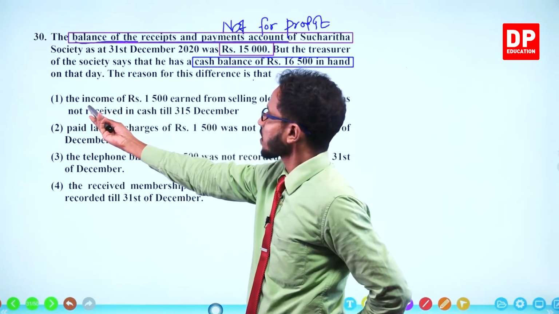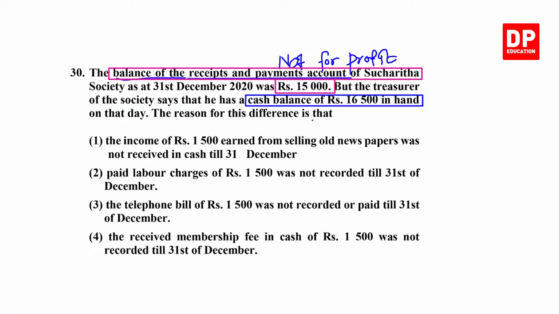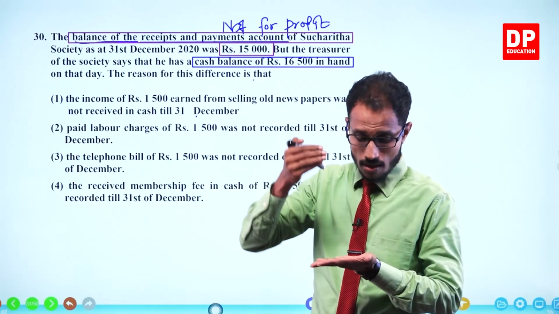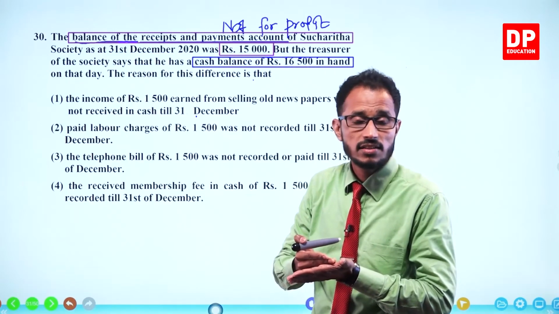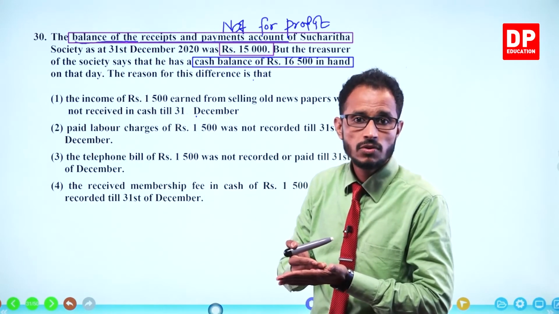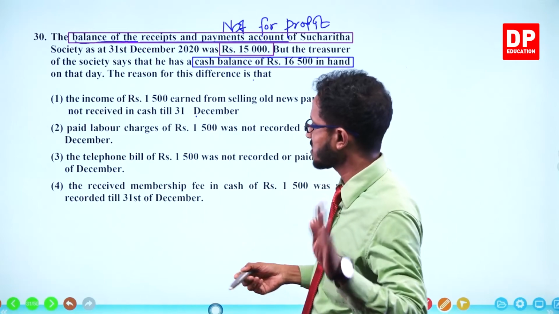What is the reason? Income of 1,500 earned from selling old newspapers was not received in cash. If it is not received, the treasurer cannot have that extra 1,500 at hand. So that is not the answer.